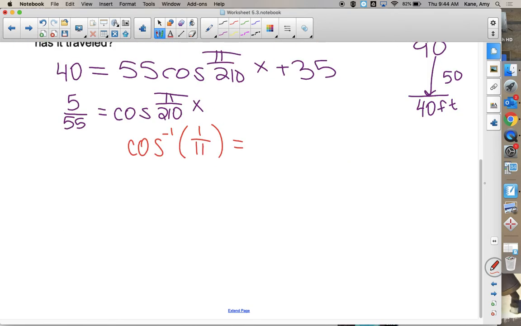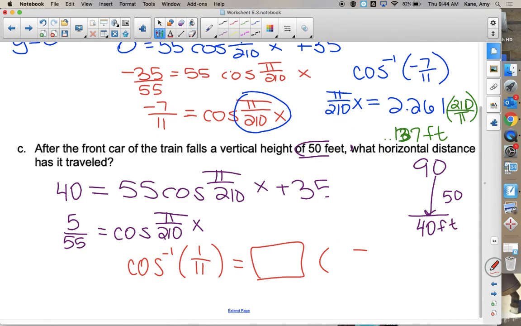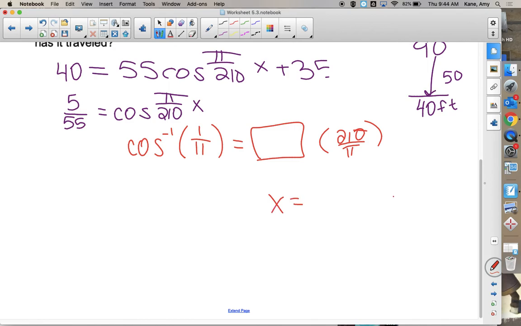And then that answer, whatever you get here, you're going to multiply by 210 over pi. And again, it should be less than our previous answer, because we haven't hit ground level, we've only dropped 50 feet. So make sure you're looking and like, does it make sense with the answer that you get?